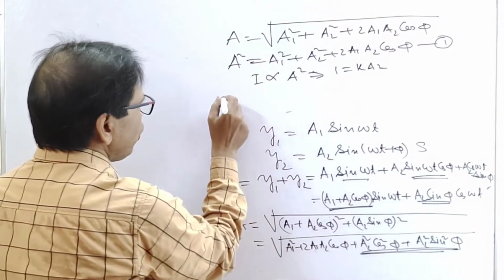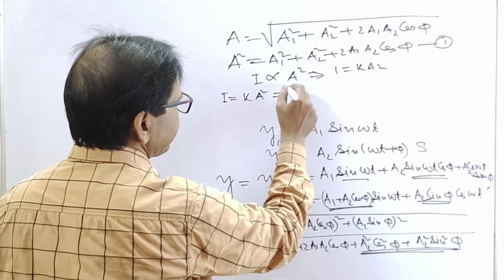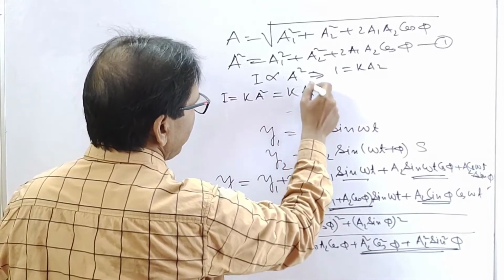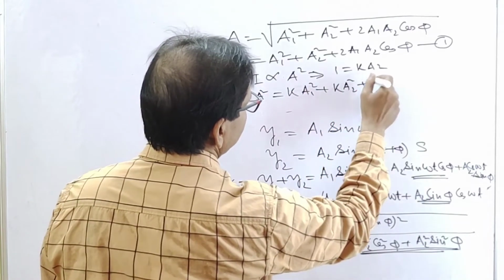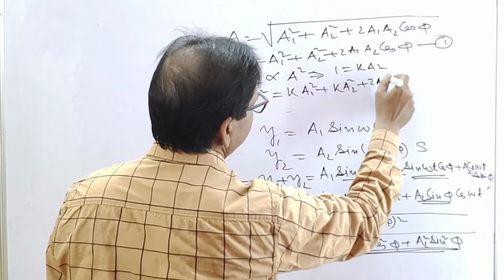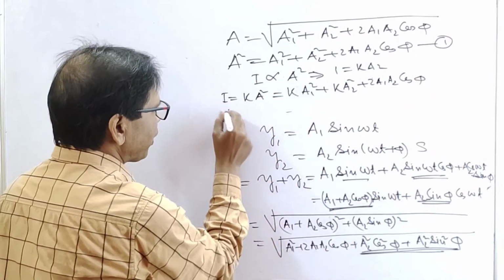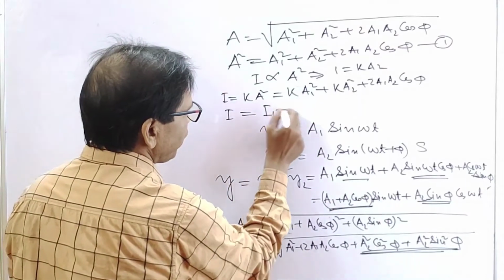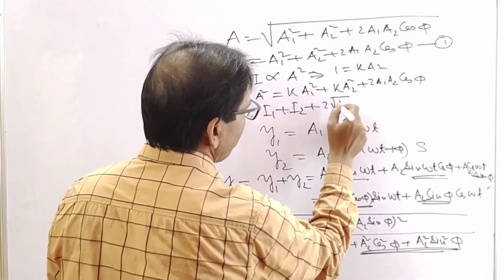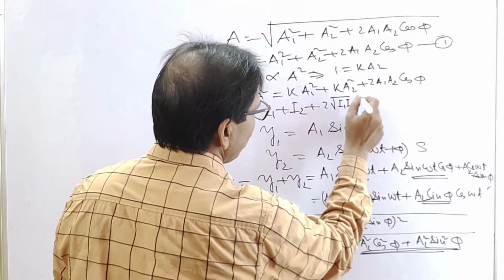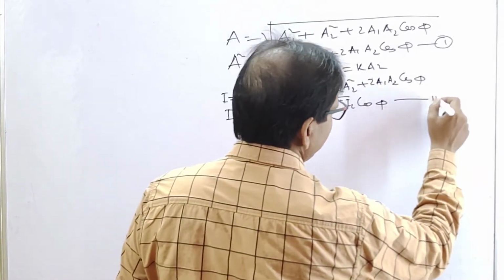So I equals K A1 square plus K A2 square plus 2 A1 A2 K cos phi. So I becomes I1 plus I2 plus 2 root of I1 I2 cos phi. This is equation 2.